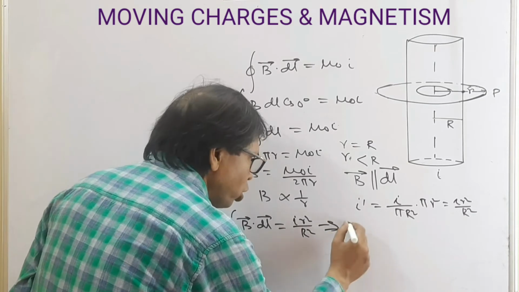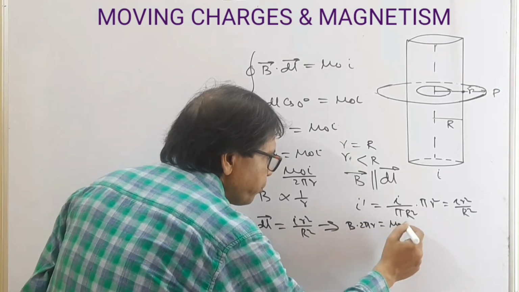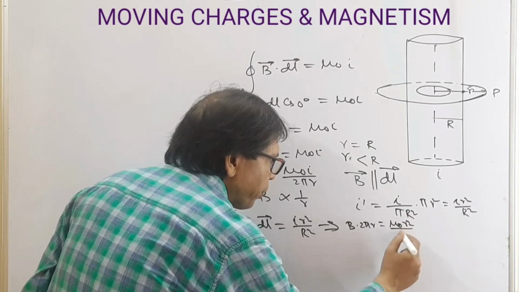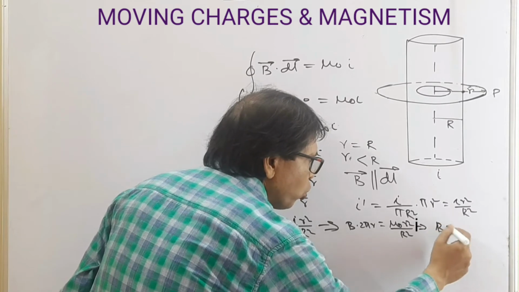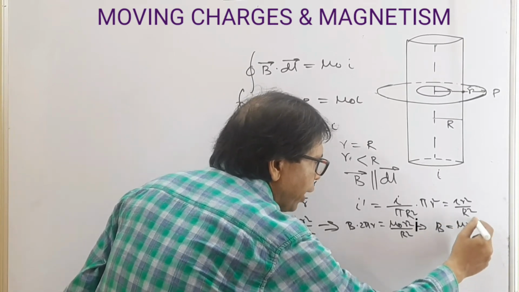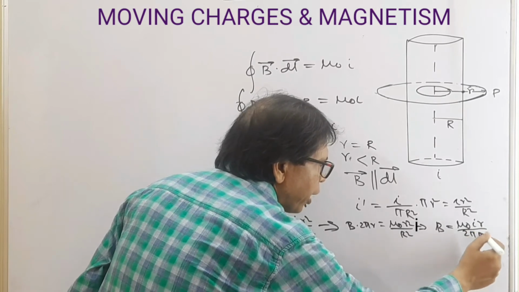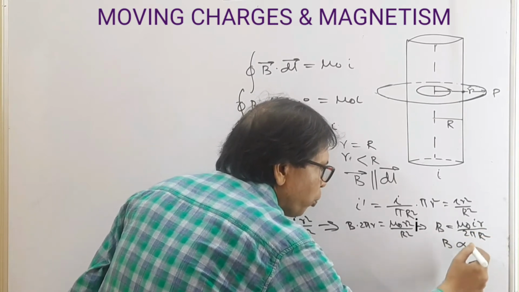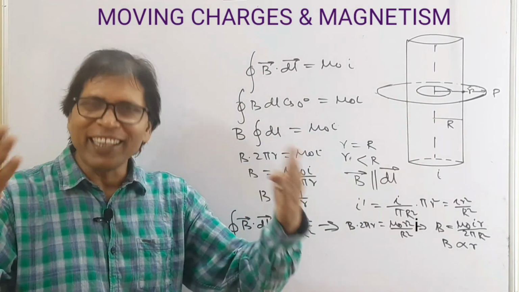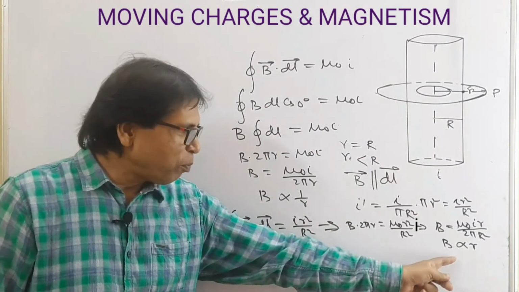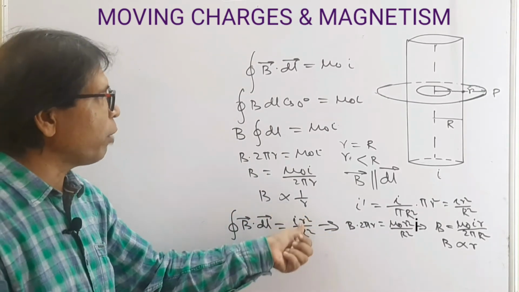Now look at this. This is B into 2 pi r, equals mu naught I r square by capital R square. So finally we get B equals mu naught I r divided by 2 pi capital R square. So here B is proportional to r. Therefore the magnetic field inside the conductor is B proportional to r and outside it B proportional to 1 by r.